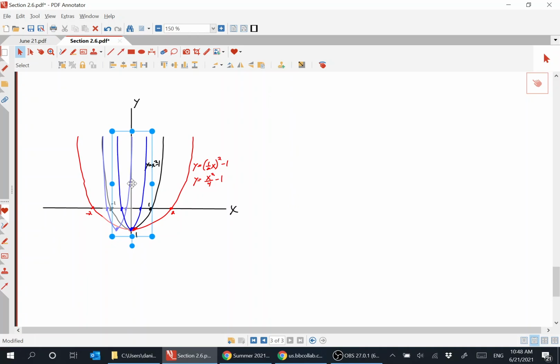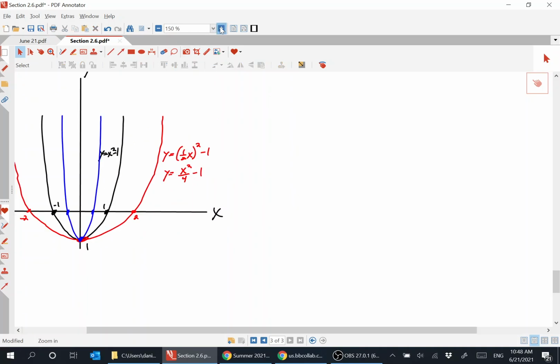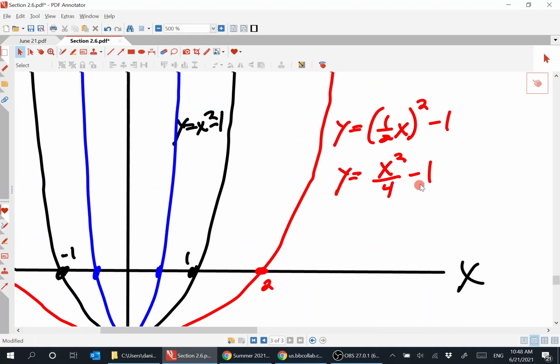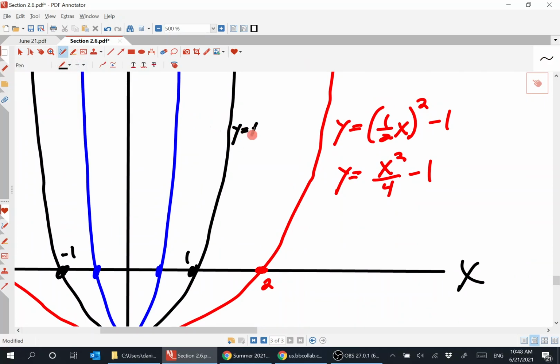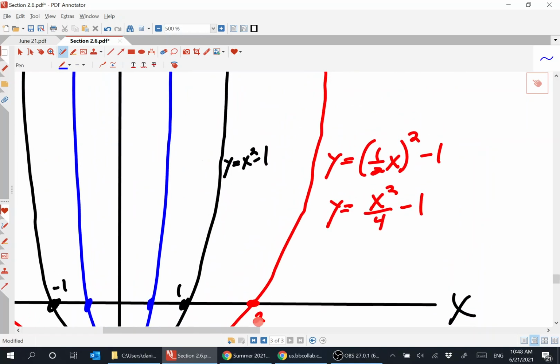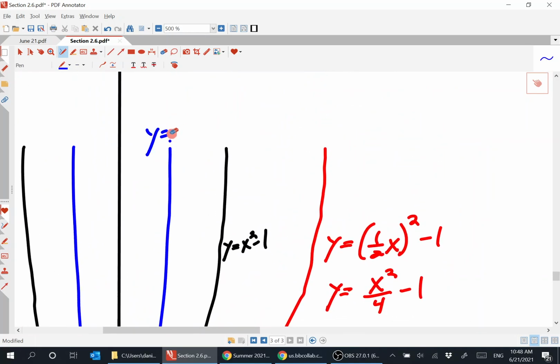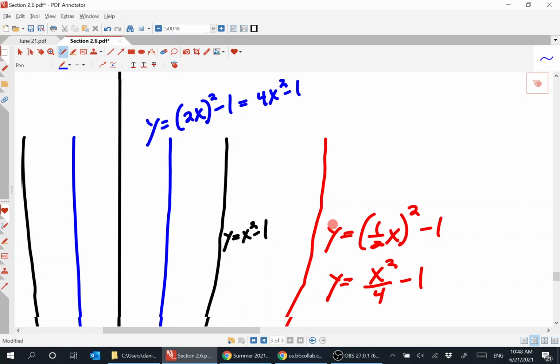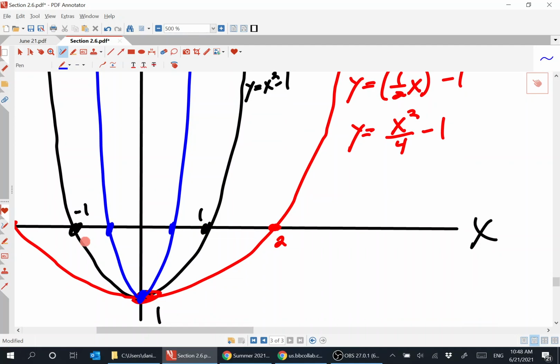Y equals x squared minus 1. Now the blue function is y equals (2x) squared minus 1, which is 4x squared minus 1. And the x-intercepts that were at 1 and -1 are now at a half and -1/2. So to compress by a factor of 2, you multiply the x by 2.